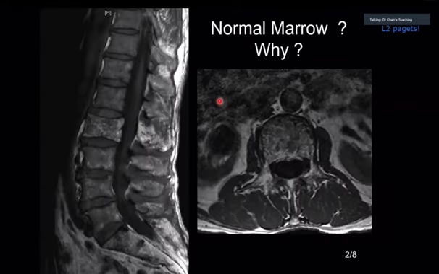Now on MR, this is the vertebra L2 versus these vertebrae. Do you think that this marrow is normal or abnormal? Over to you. It's definitely abnormal on these T1 weighted sequences. So how will you call it? Are you worried about anything happening?